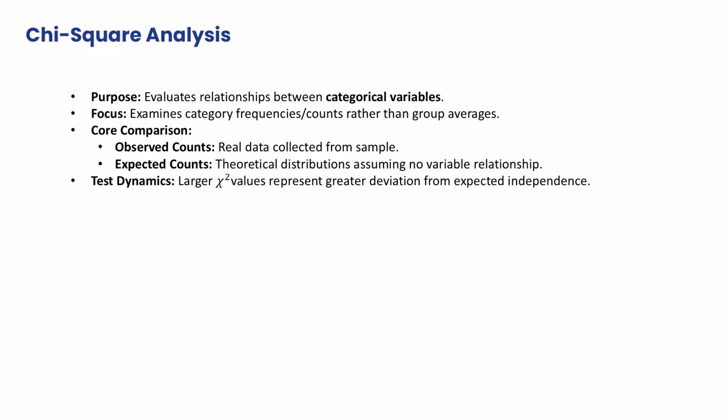The test compares observed counts, what we actually collect in our sample, against expected counts, which represent what we would mathematically expect if no relationship existed. A small chi-square statistic means observed counts align closely with expected noise, whereas a large chi-square statistic indicates a meaningful relationship between variables.